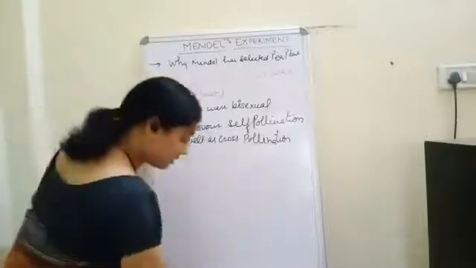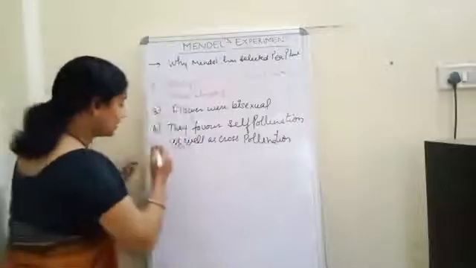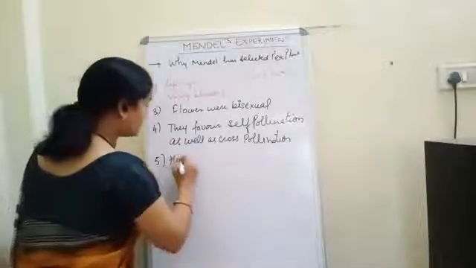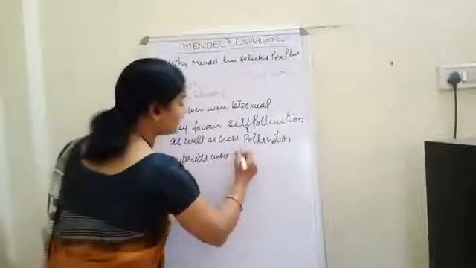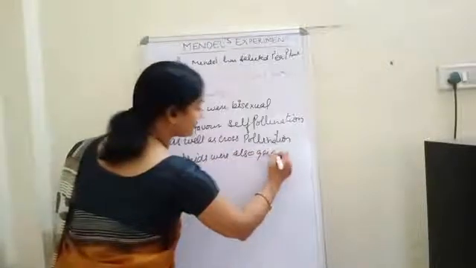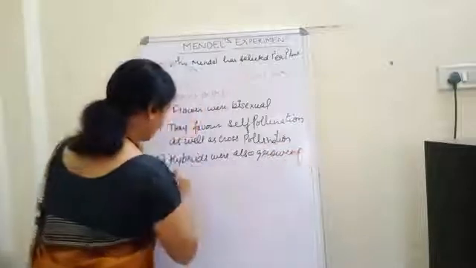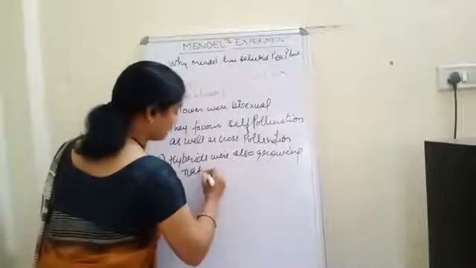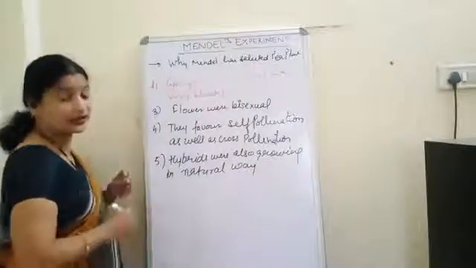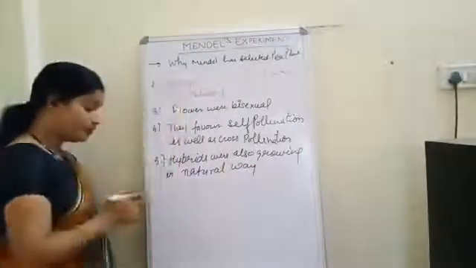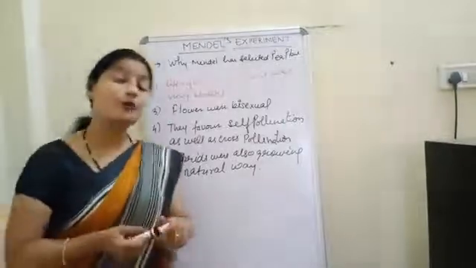So these were the bases. What can we write down? The hybrids were also growing in a natural way. Their originality was not lost. Clear? So these were some important factors or points.